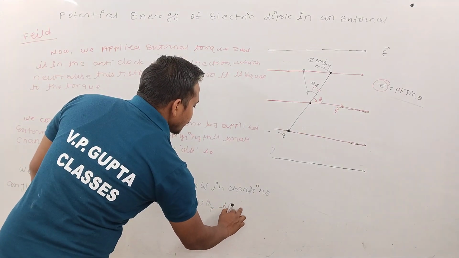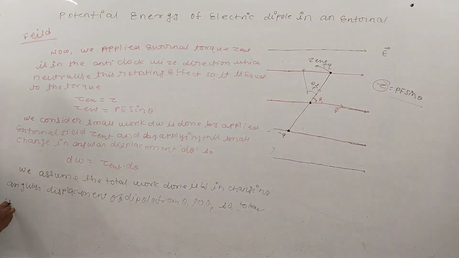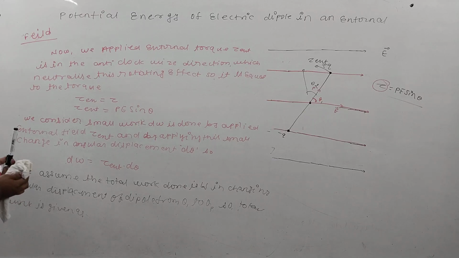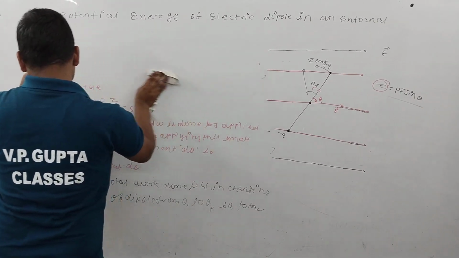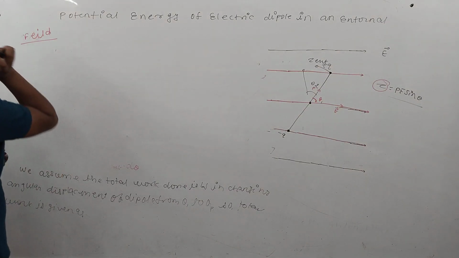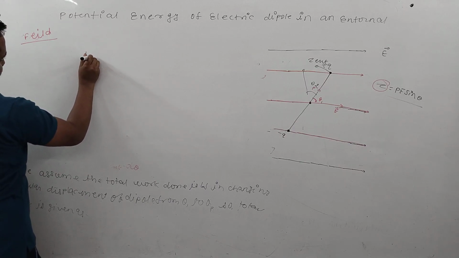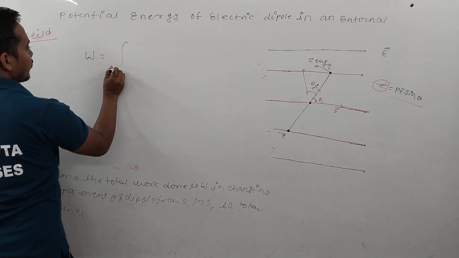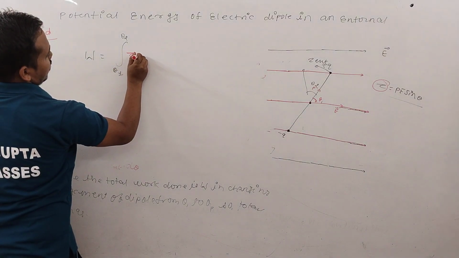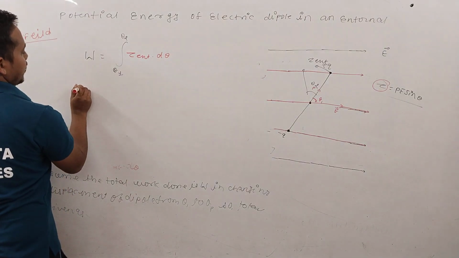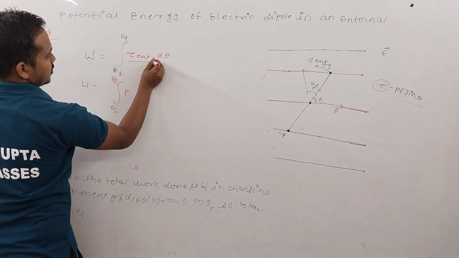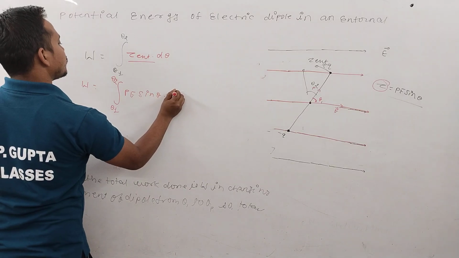So the total work done is given as w is equal to the integration from theta 1 to theta 2 of tau ext d theta, that is w is equal to the integral from theta 1 to theta 2 of Pe sin theta d theta.